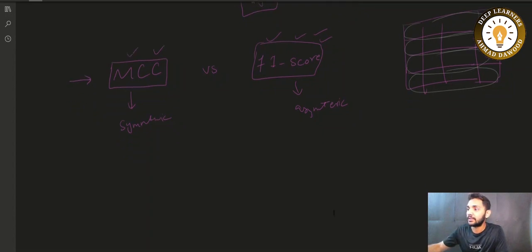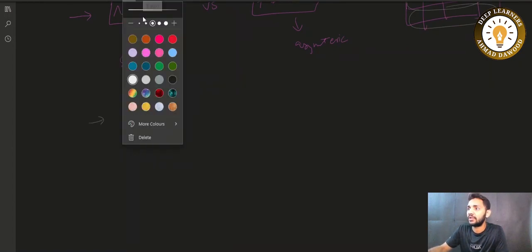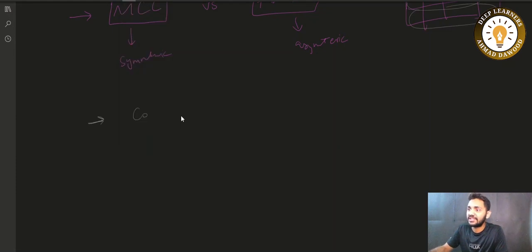Second, some people are also using other techniques. Like I discussed in the last binary performance measures session, there is also a technique people usually use for classification problems: Cohen's kappa coefficient.